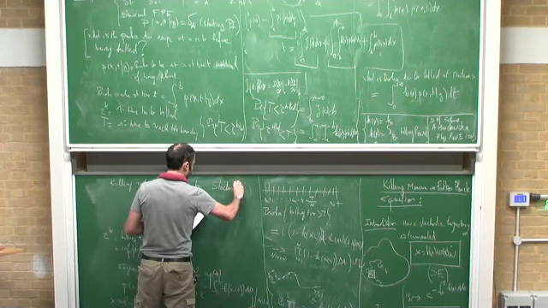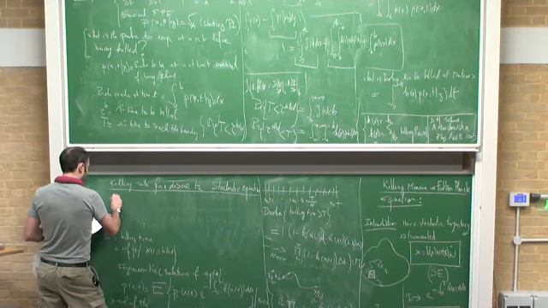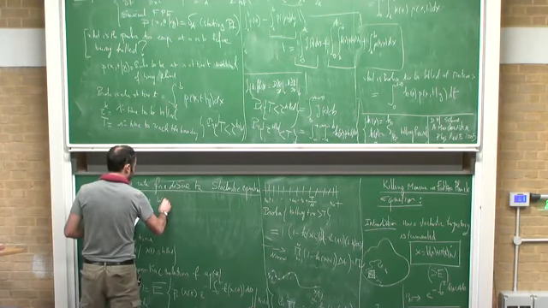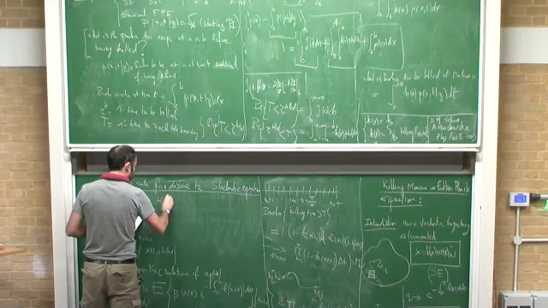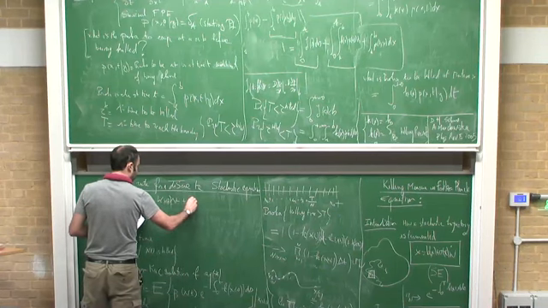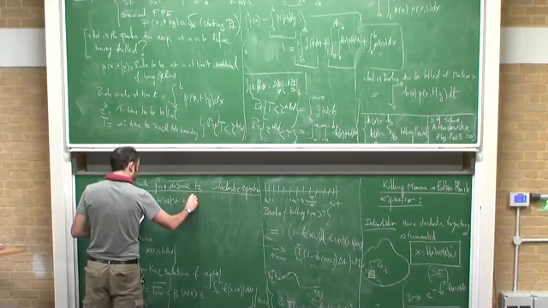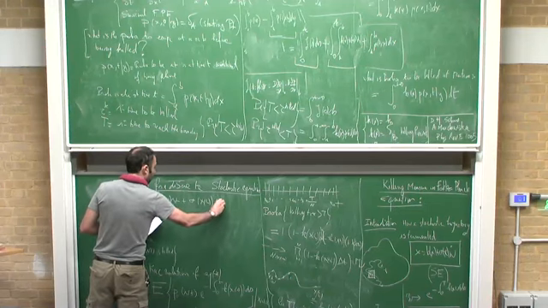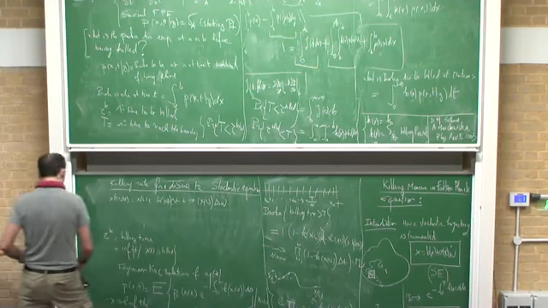So suppose, instead of having this, you have the process which is x of t plus delta t equals x of t plus b of x of t delta t plus sigma of x of t d omega. So you have this.